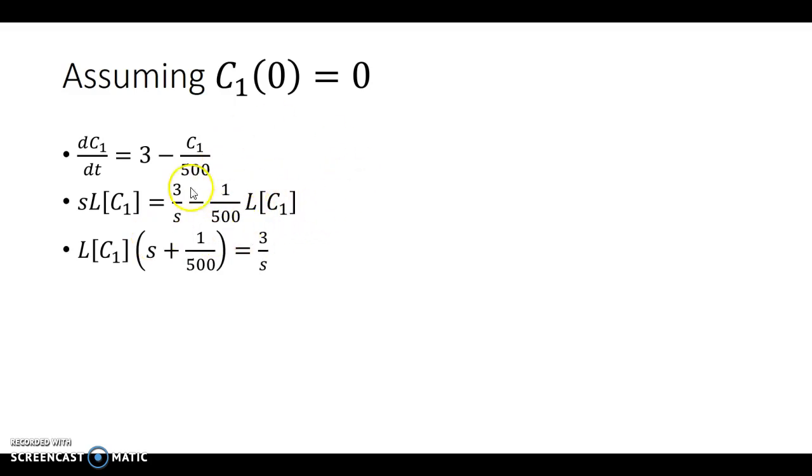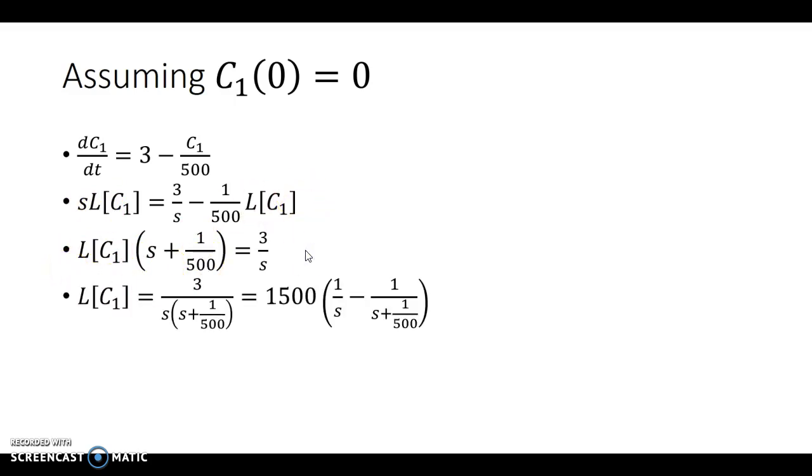Now I'll add the 1/500th to both sides and factor out the Laplace of C1: I have S plus 1/500th times Laplace of C1 equals 3 over S. And now I can divide both sides by S plus 1/500th, and I can use partial fraction decomposition to get that.